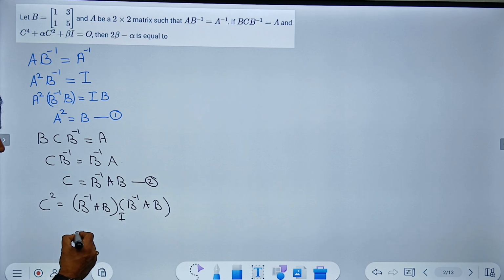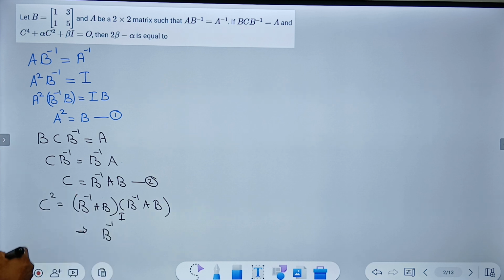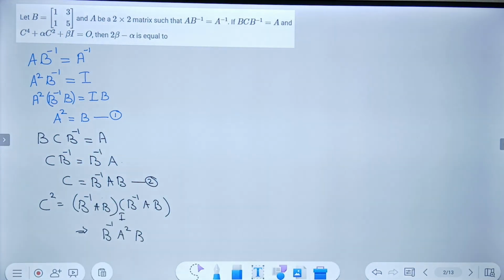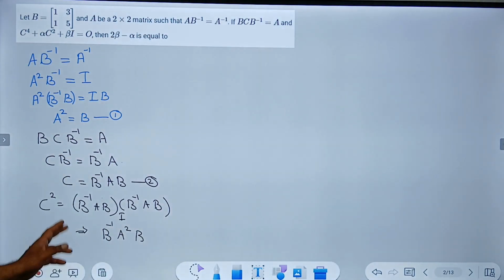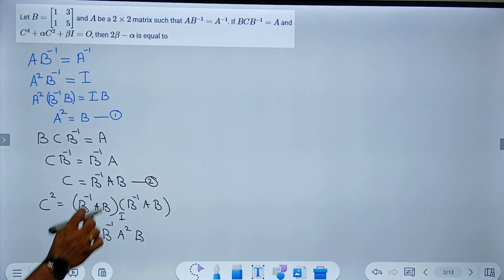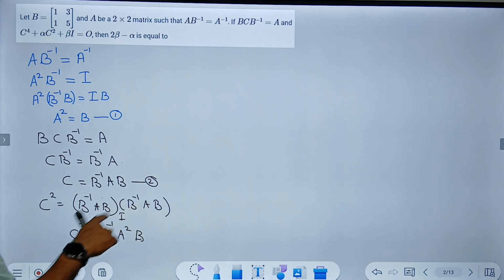Effectively I get B inverse A square B. So you have got C square equal to B inverse A square B.